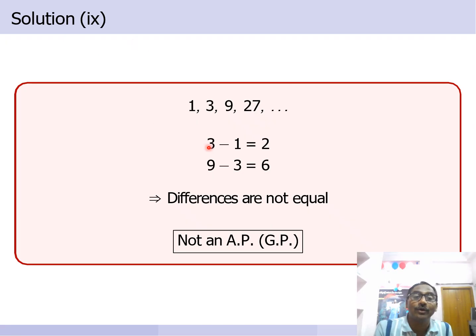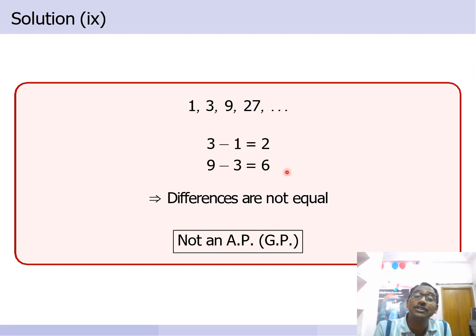Solution for ninth one: 1, 3, 9, 27 and so on. So 3 minus 1, 2, 9 minus 3, 6, 27 minus 9, 18 you are getting, right? So 2, 6, 18. Differences are not equal. So this is not an arithmetic progression.